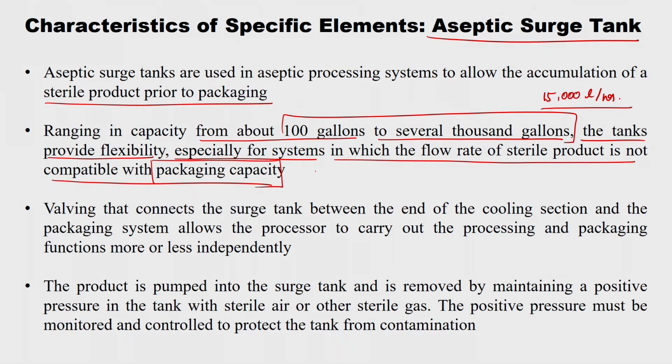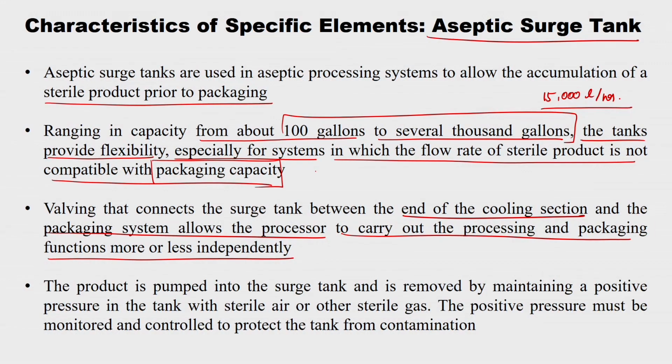The valving that connects the storage tank between the end of the cooling section and the packaging system allows the processor to carry out the processing and packaging functions more or less independently. So, this is what we told. I need not pack everything that is produced. This surge tank helps me to store it, and according to my packaging capacity in the packaging lines, I would be using my sterilized product which is stored in the surge tanks.